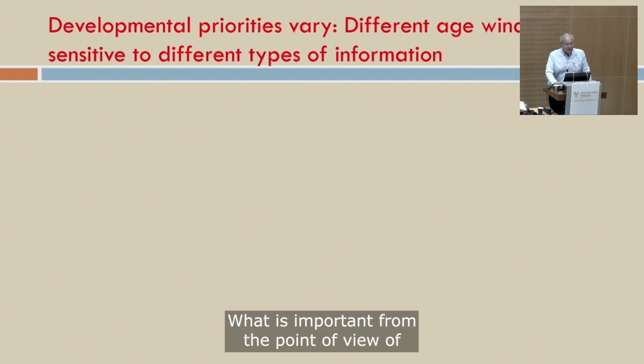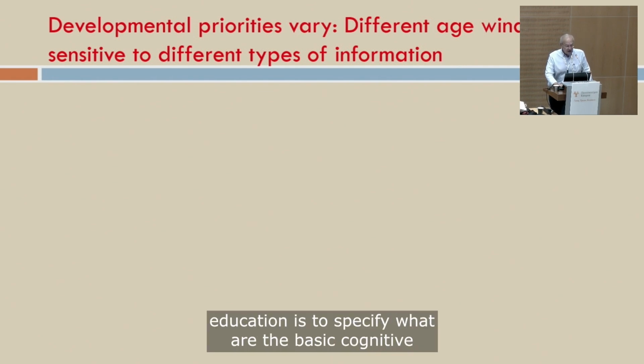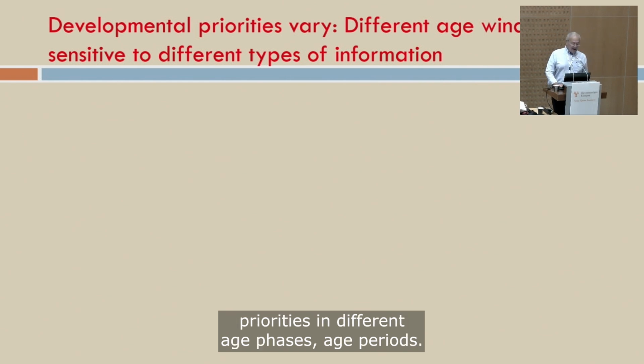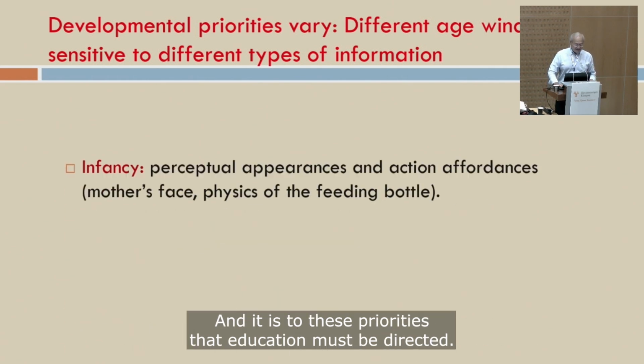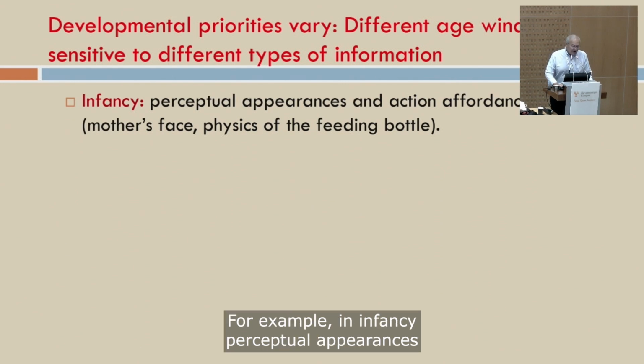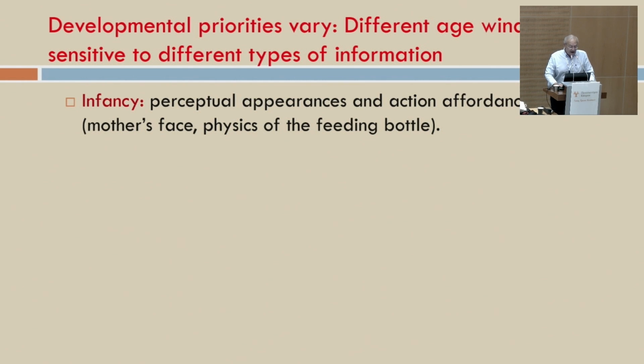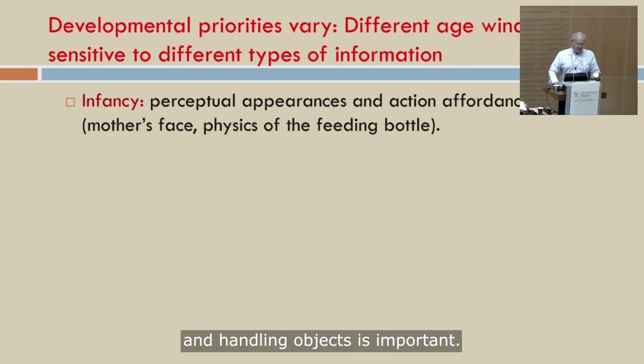What is important from the point of view of education is to specify what are the basic cognitive priorities in different age phases, age periods, and it is to these priorities that education must be directed. For example, in infancy, perceptual appearances and handling objects is important.